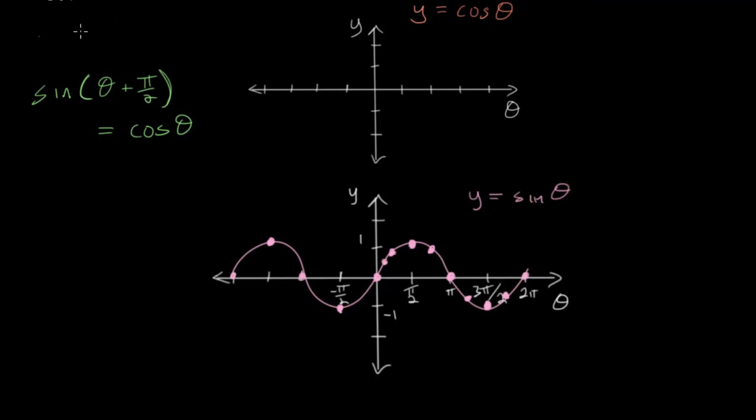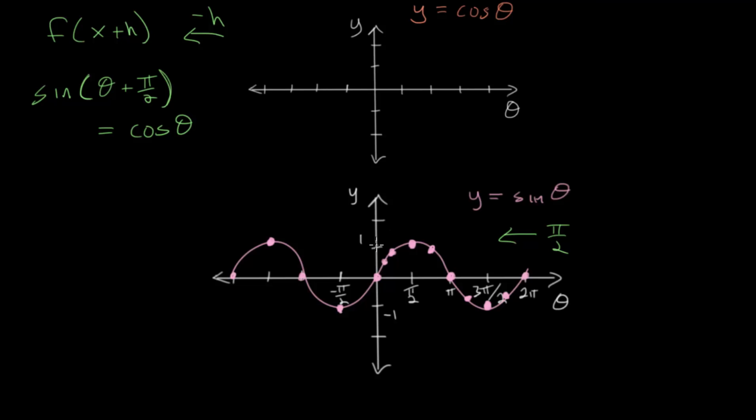And if you recall from shifting functions, if we take a function and we add, let's say, some number h to it, we essentially shift the entire graph of the function left h units. So in the negative direction, h units. And in this case, we're adding pi over 2, meaning that we are shifting this graph to the left pi over 2 radians. And once we do that, we get the cosine function.